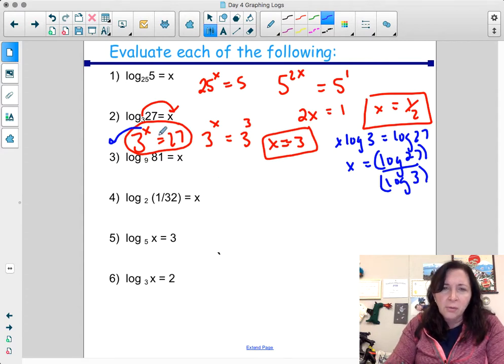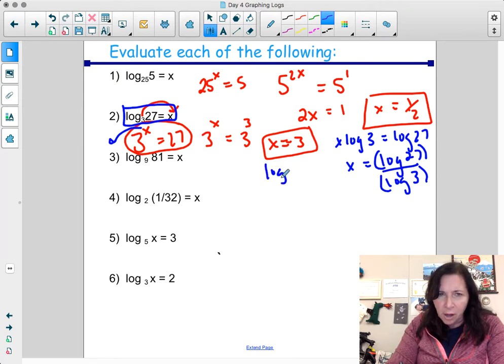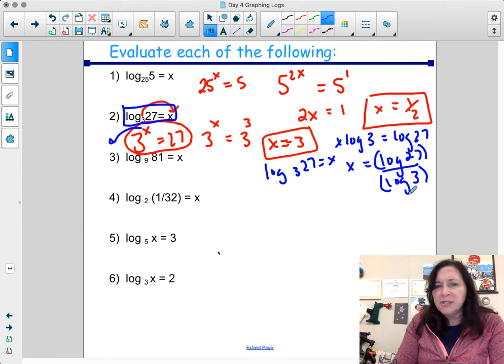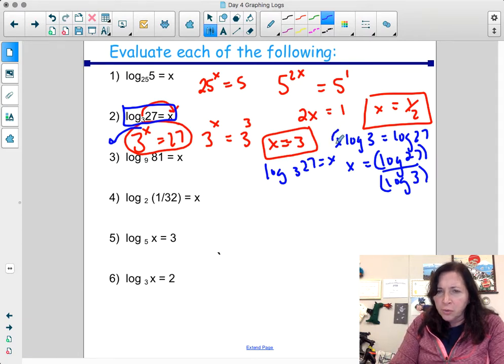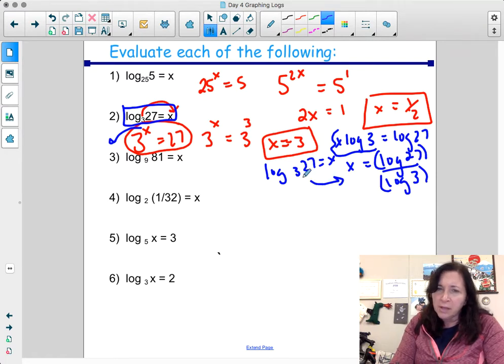Now, what I do want to show you is that going from here to here, see how it's log base 3? So we started off with log base 3 of 27. This is our change of base formula, and we talked about this in the previous lesson. A lot of people don't need to go through this one step right here because they can go from here to here, because that's the actual change of base formula.